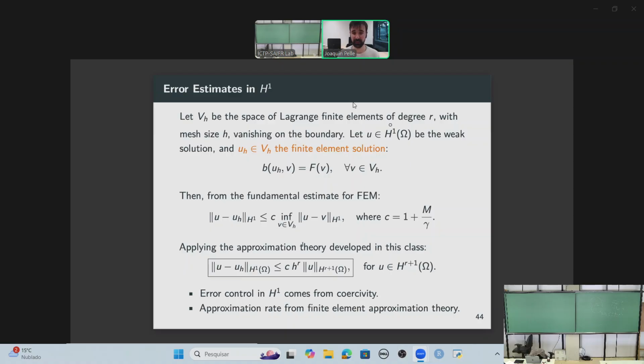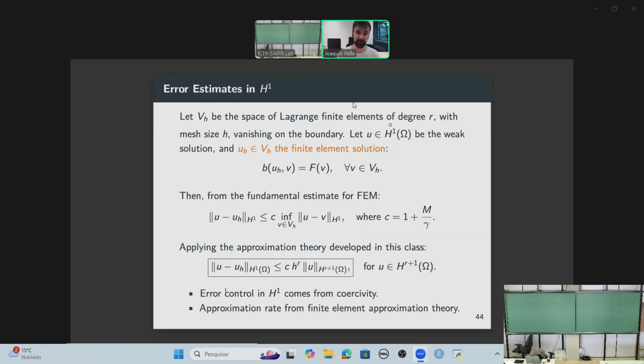So yeah, basically, if we apply the approximation results that we obtained here, essentially this translates to a bound on the norm of this form, where h is the mesh size raised to the power of r, and we have here the r plus 1 norm of the function u.